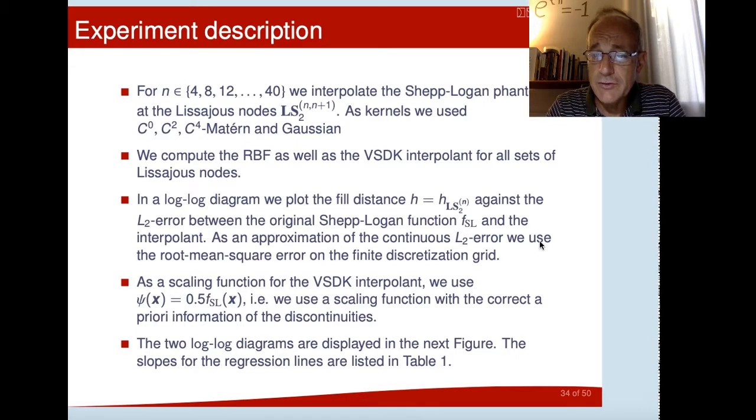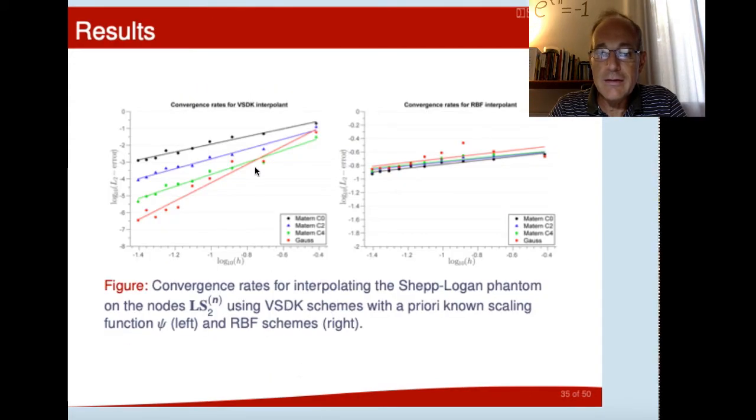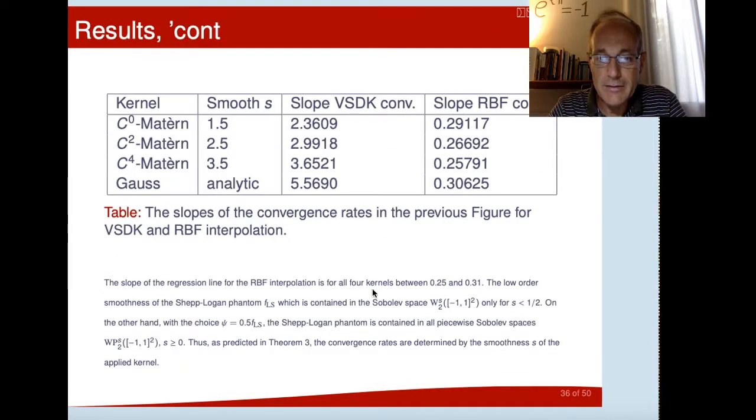As an approximation of the continuous L2 error, we use the root mean square error. As a scaling function, we use this function psi of x, which is one half of the Shepp-Logan function, so a scaling function with the correct a priori information on the discontinuity. In the next figure, we display this log-log diagram; the slope of the regression line is in a table that I put later here.